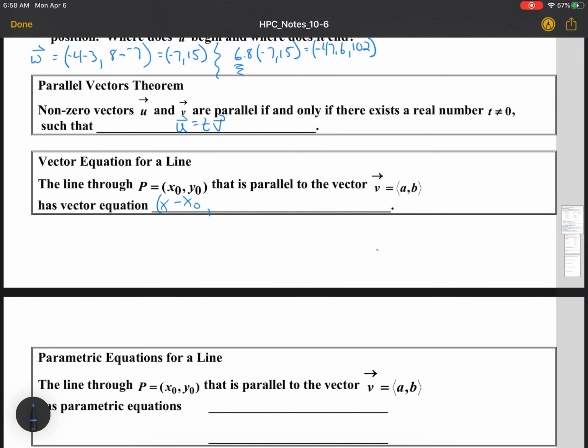For the line through point x sub 0, y sub 0 that is parallel to vector v, you're going to do x minus your x point, y minus your y point, and set it equal to t times ab, which in this case is your vector. All these equations are going to have a point and a vector in them.